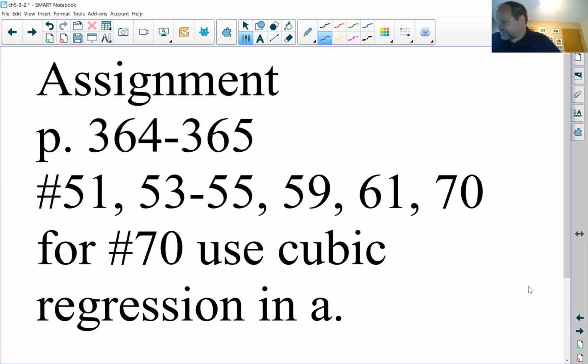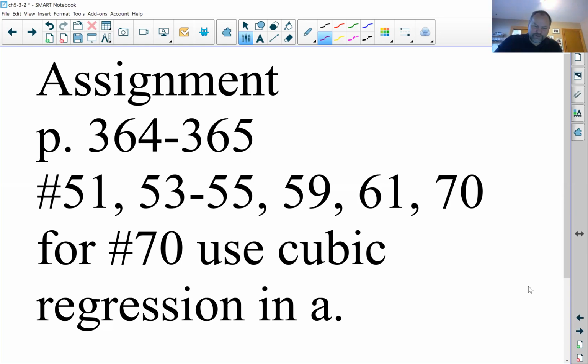For number 70, they actually give you some data for the velocity of the space shuttle after it's launched. And so it says, use a graphing calculator to model these data by a third-degree polynomial. That basically means use cubic regression.